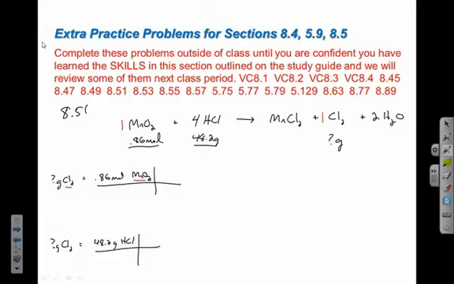So in this top calculation, I've already got moles. I need to then cancel moles of this substance, MnO2, and get moles of the other substance I'm interested in. In this case, in the balanced equation, it happens to be 1-to-1.